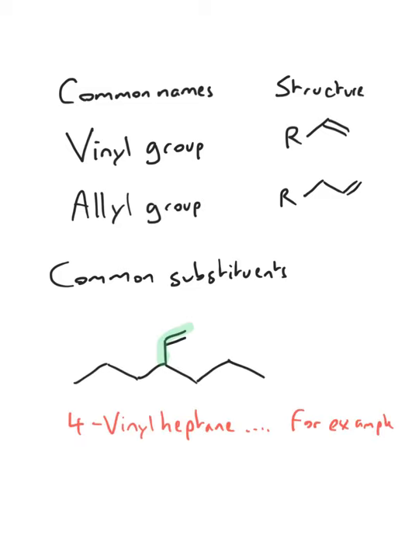However, a word of caution: if it looks like the double bond is part of a smaller molecule, or if it seems to be pertinent to the whole structure, you're probably better off including the double bond in the whole name, not as a substituent. The vinyl and the allyl will probably be more common when we go to much more complex structures. Otherwise, you're better off just not using these terms.